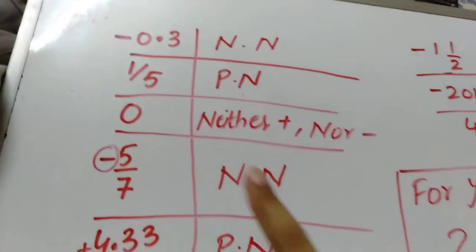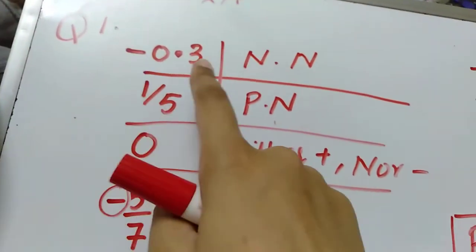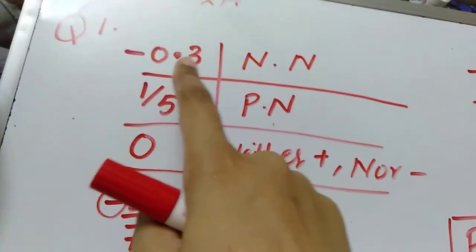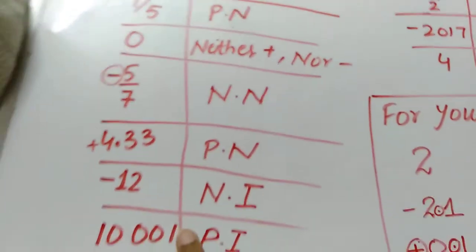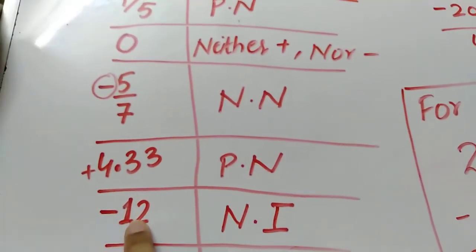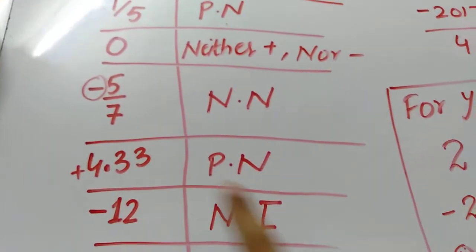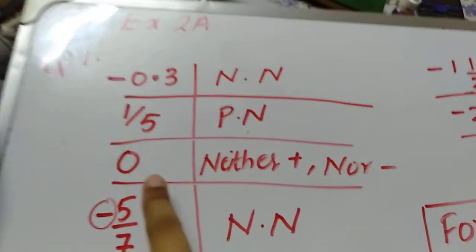Similarly, whenever we have a negative sign with the number and it's in decimal or fraction form, then we will call it a negative number. And whenever a number has a negative sign and it's not a decimal or a fraction, we will name it a negative integer. And 0 is neither positive nor negative.